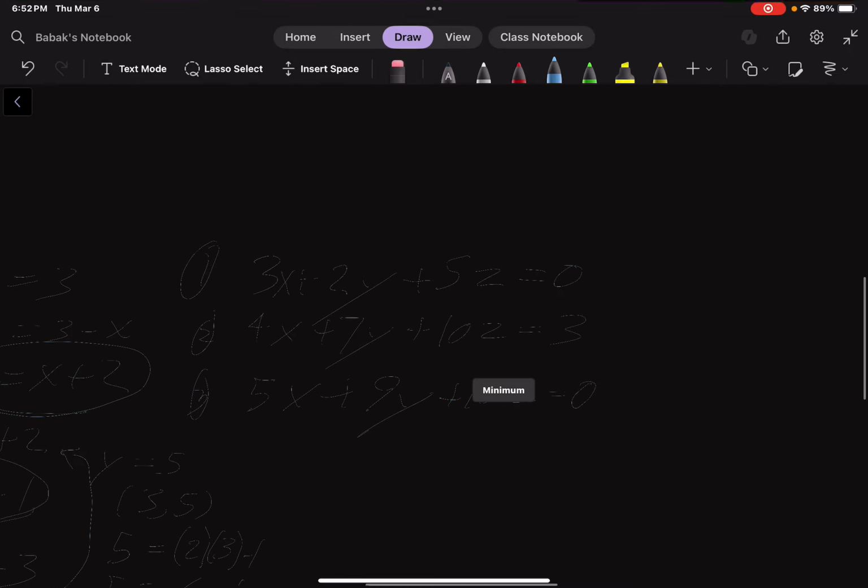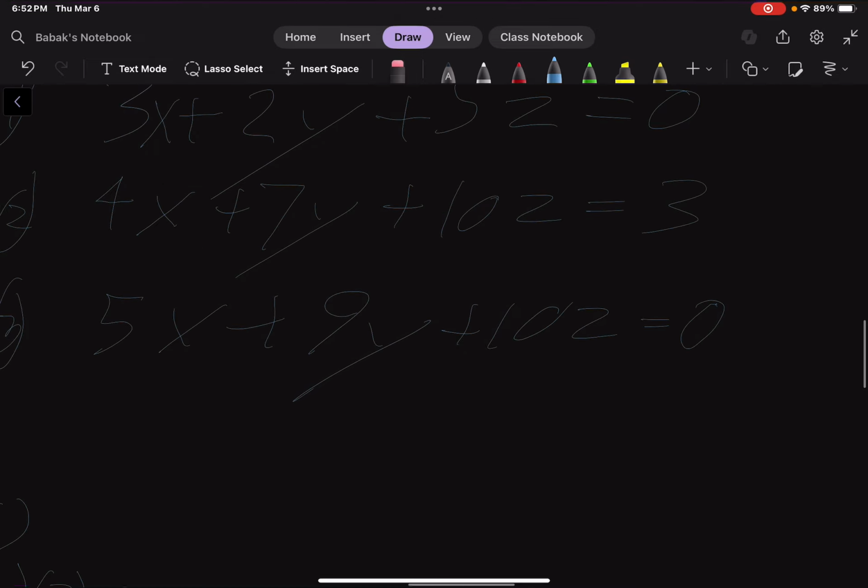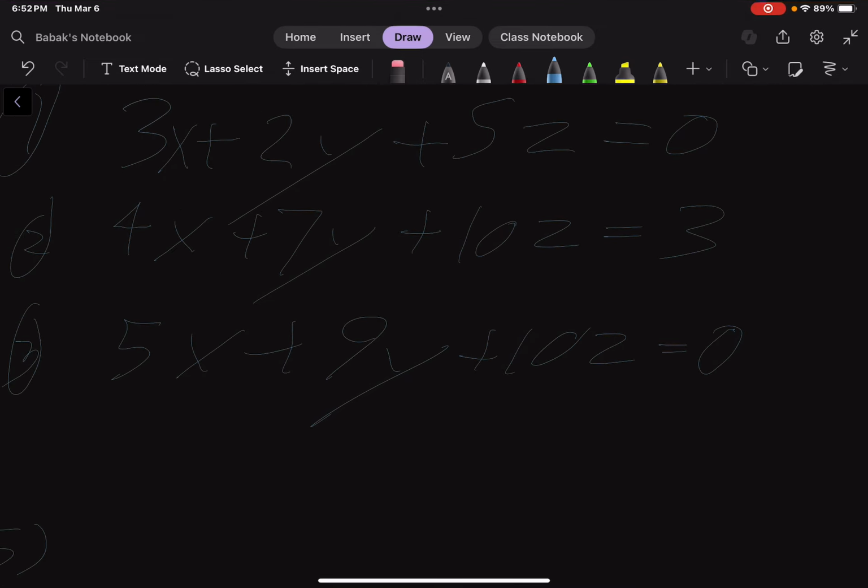If we take equation 2 and subtract from it equation 3, well, we get negative x minus 2y is equal to 3, because the z's cancel out. And then you do 4x minus 5x, negative 1, 7y minus 9y, negative 2, 3 minus 0, 3.